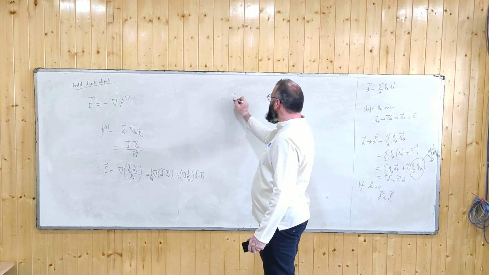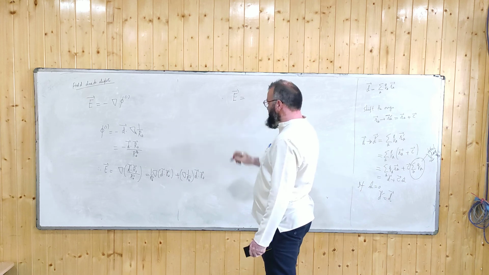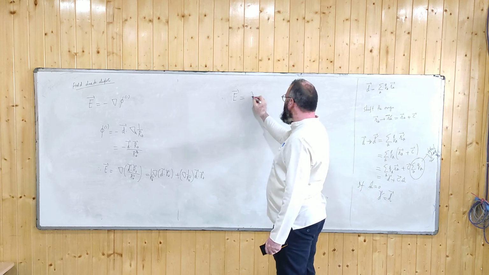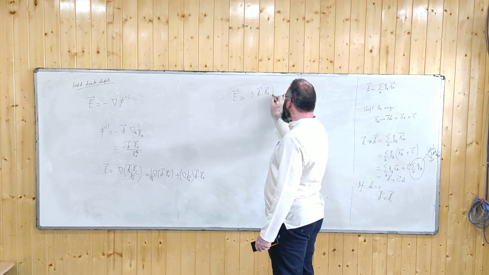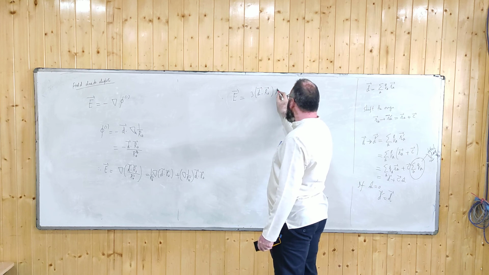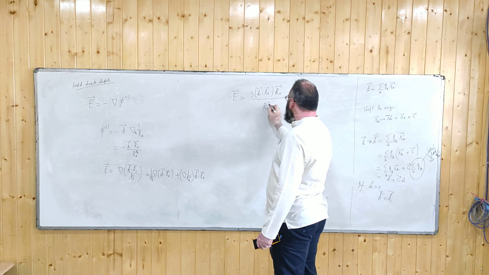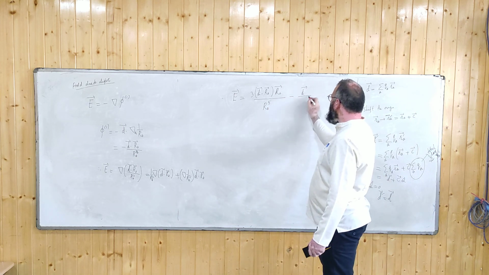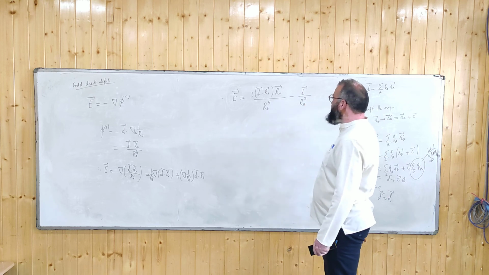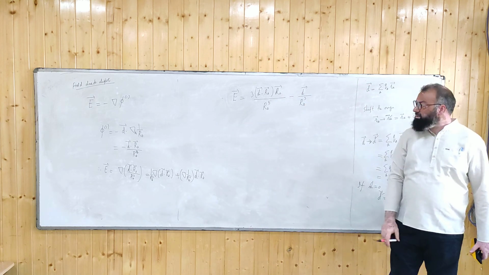So I will write it as E is equal to, so it will be something like 3 times d dot r naught vector into the vector r naught by r naught raised to 5, minus vector d by r naught cube. So this is the result.